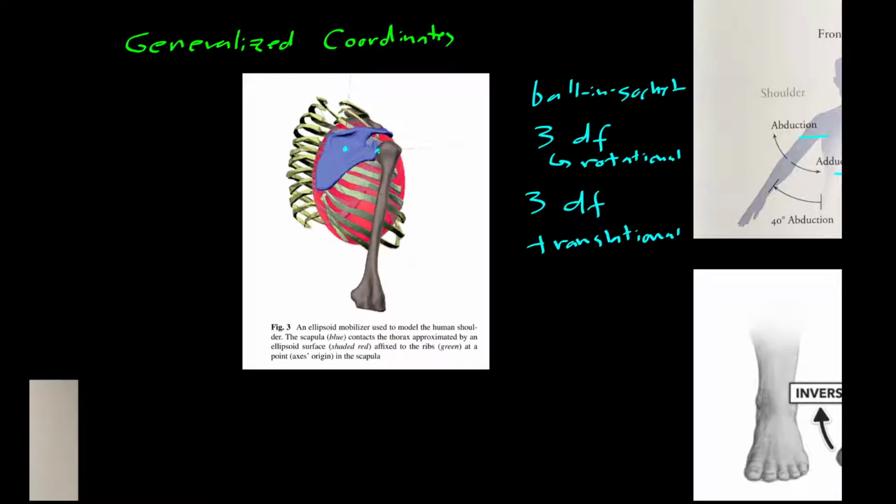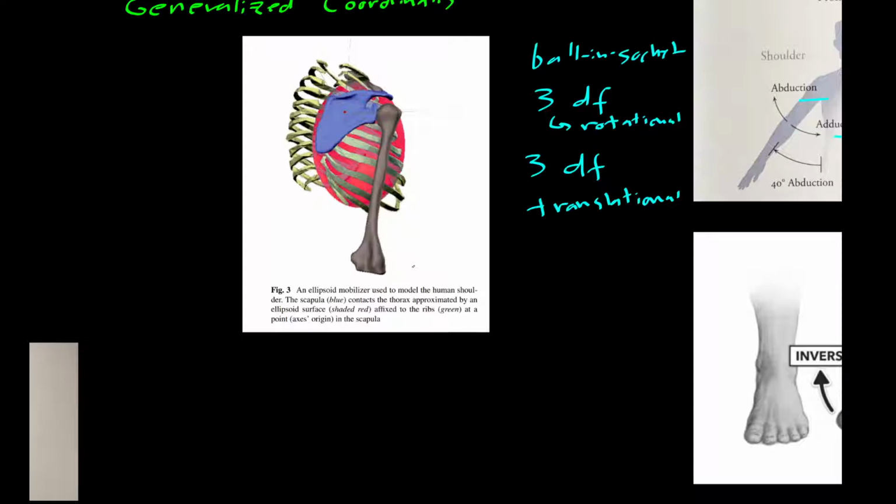The idea with a generalized coordinate, and there's mathematical benefits to this that you don't need to worry about, but from a conceptual standpoint, it's very useful to collapse all of this complexity of sliding around on the surface into a much more compact representation. One way to think about it: imagine the whole rib cage is like the Earth.